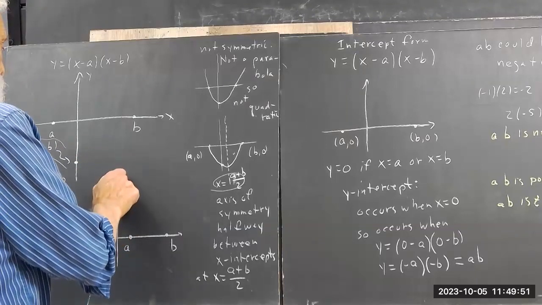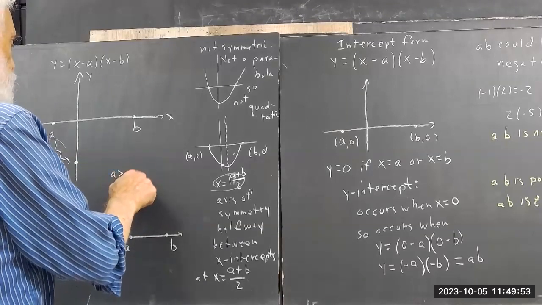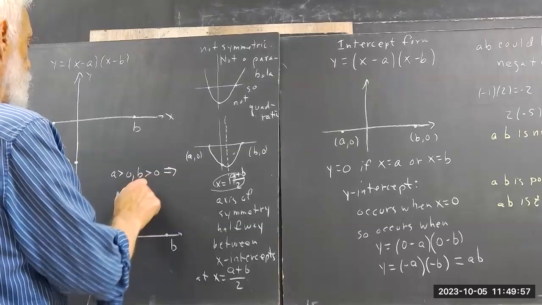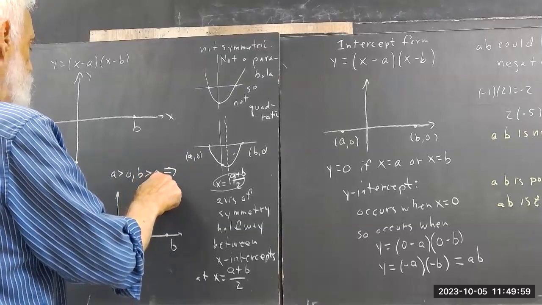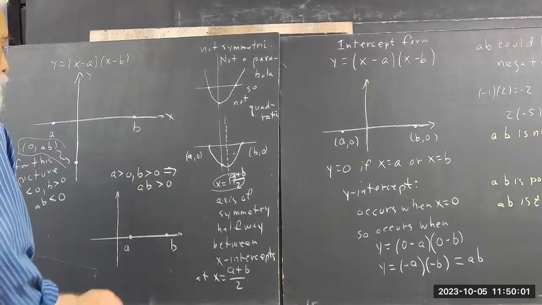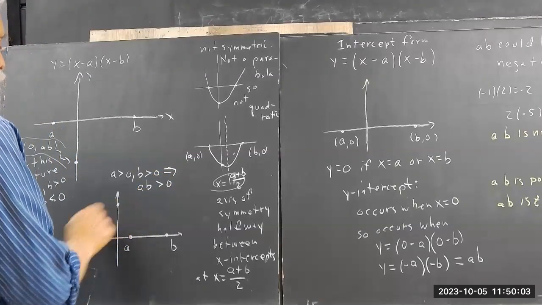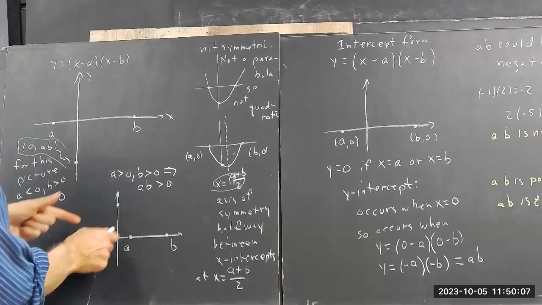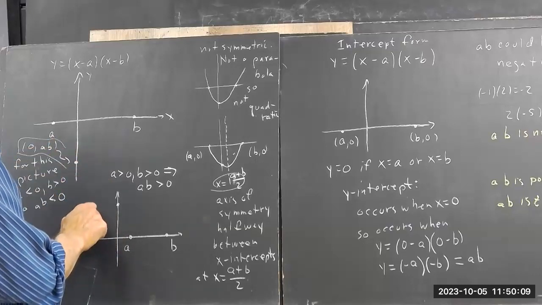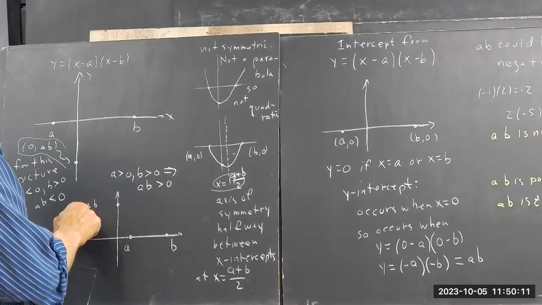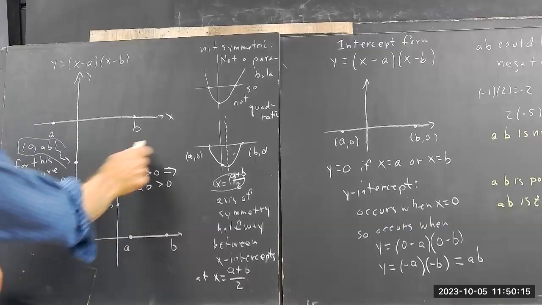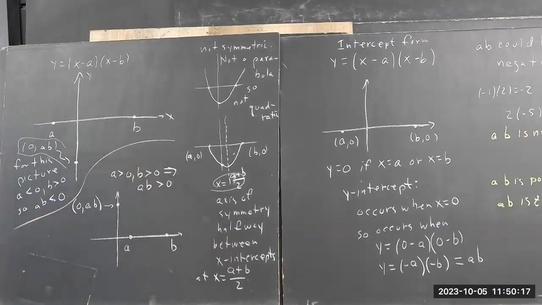So A greater than 0, B greater than 0 implies AB greater than 0. So it has to go on this side of the x-axis. It has to go on the positive y-axis. So here's your point, (0, AB).